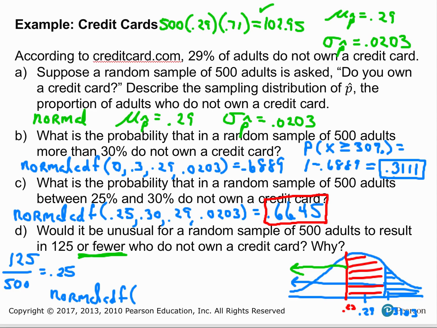So we're going to put in 0 again to 0.25, 0.29, 0.0203. I'm going to hit second enter again, and I'm just going to change those first two entries to 0, comma 0.25. Get rid of that extra 3 that was left. Okay, 0.0244.